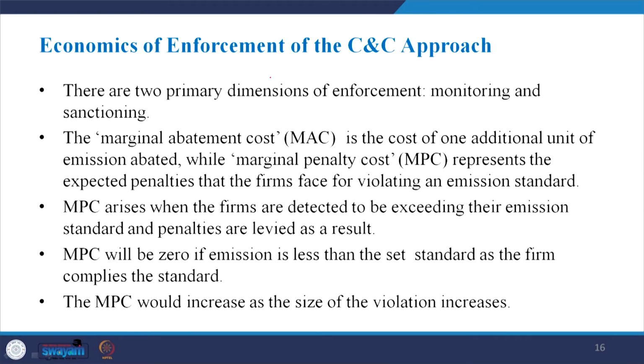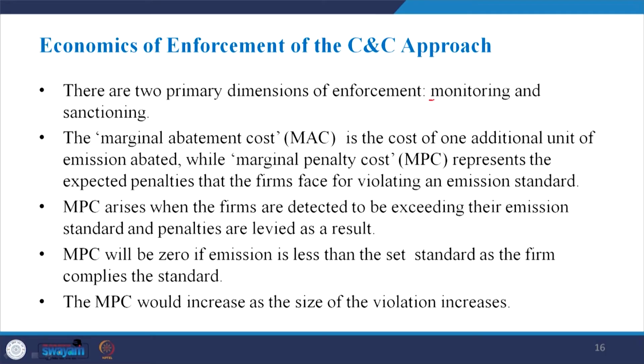Let me now discuss the economics of enforcement of the command and control approach. Economics means how to reduce the cost of abatement of pollution in any economy, and here there are two primary dimensions of enforcement of the command and control system.